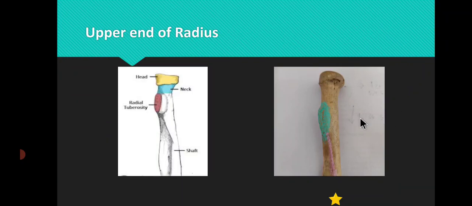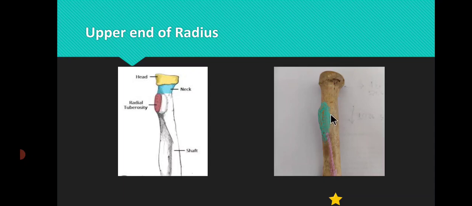Then this constricted part is the neck of radius that succeeds the head, and it is encircled by the lower part of the annular ligament. The latter is separated by a saccular protrusion of the superior radio-ulnar joint, which is supported by the quadrate ligament.